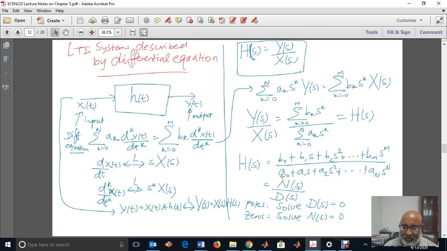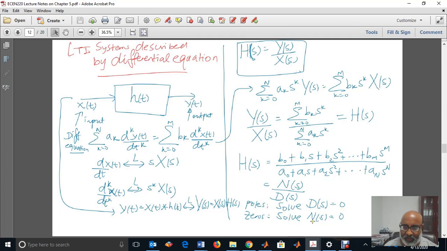And H of s is N of s over D of s, where N of s is the numerator polynomial, a polynomial function of s, and D of s is the denominator polynomial. So when we solve D of s equal to 0, we will get the poles of H of s, the poles of the transfer function.